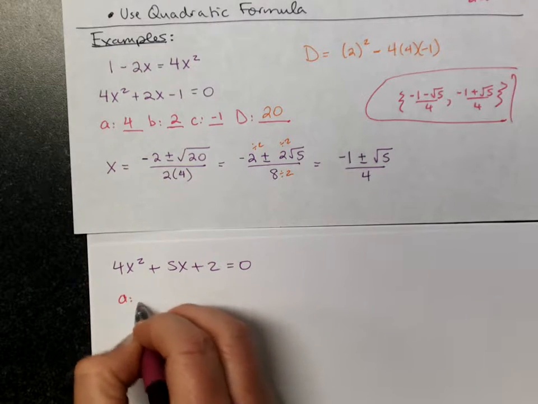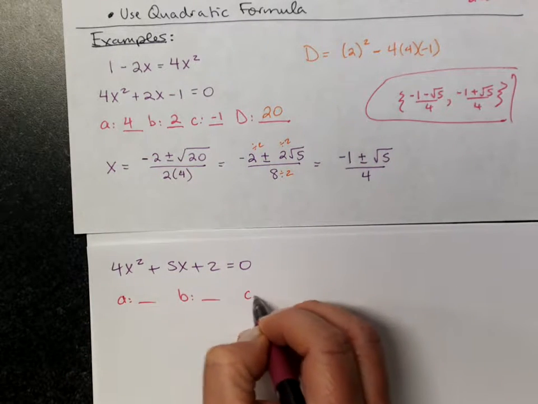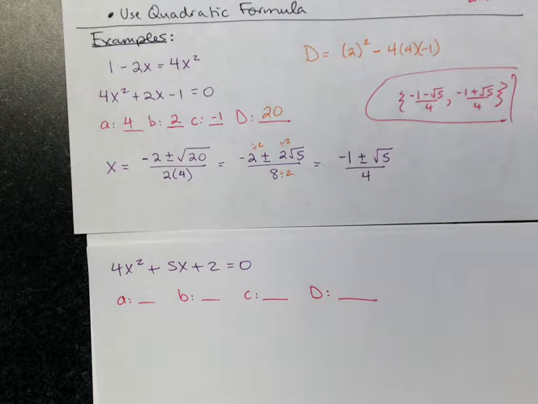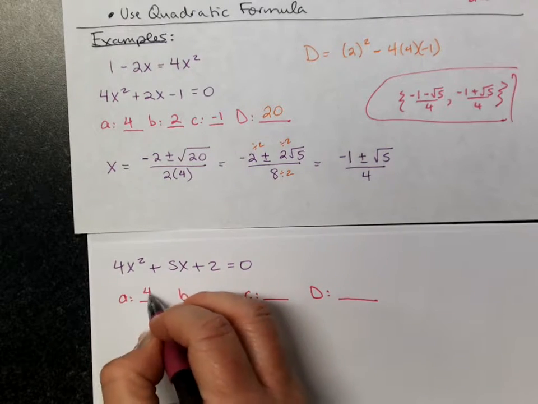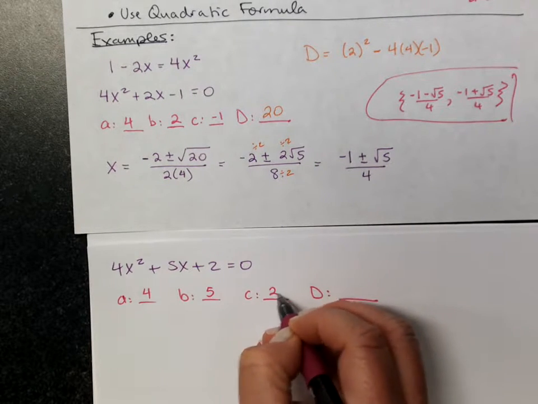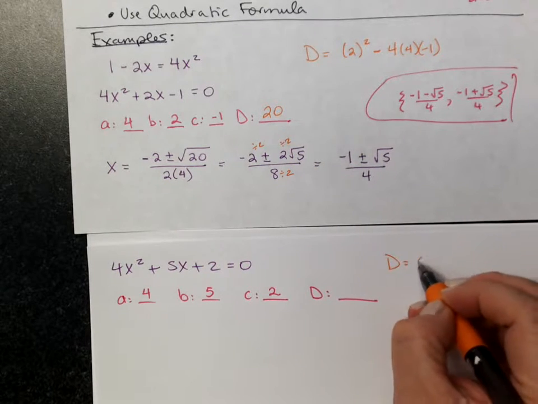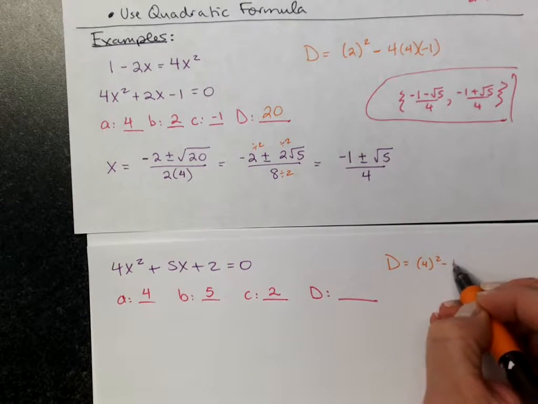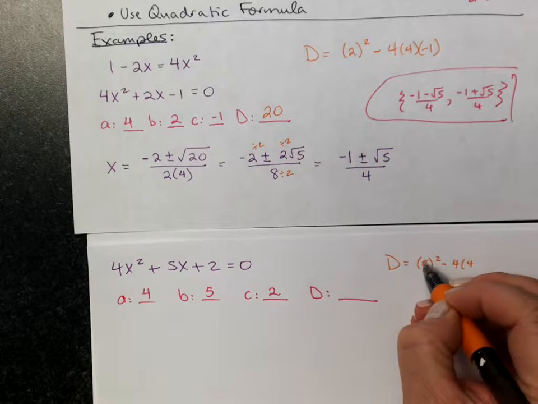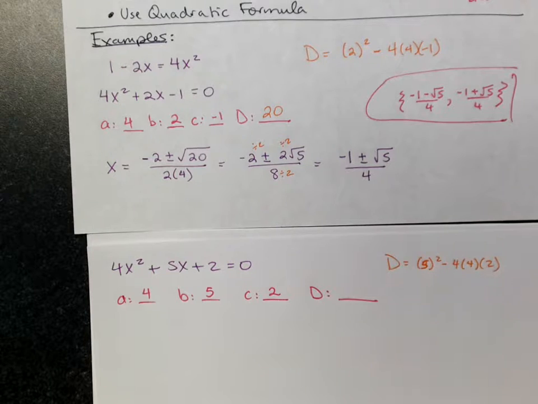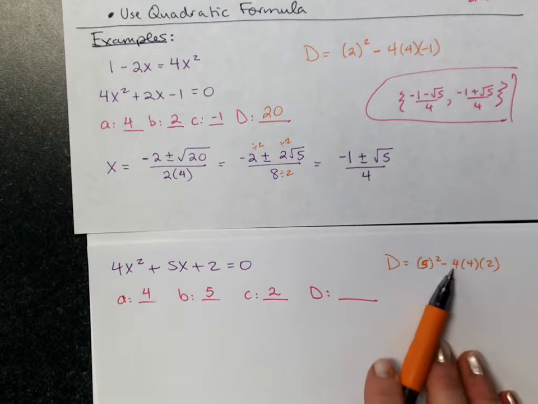So I'll find my A, B, C, and my capital D. My discriminant, b squared minus 4ac.